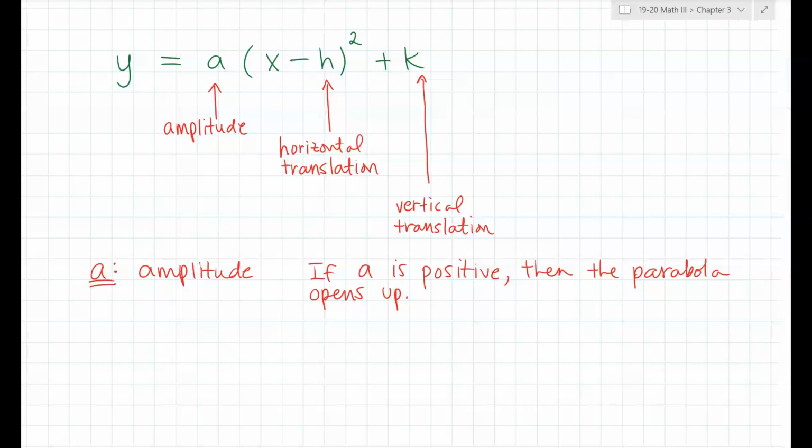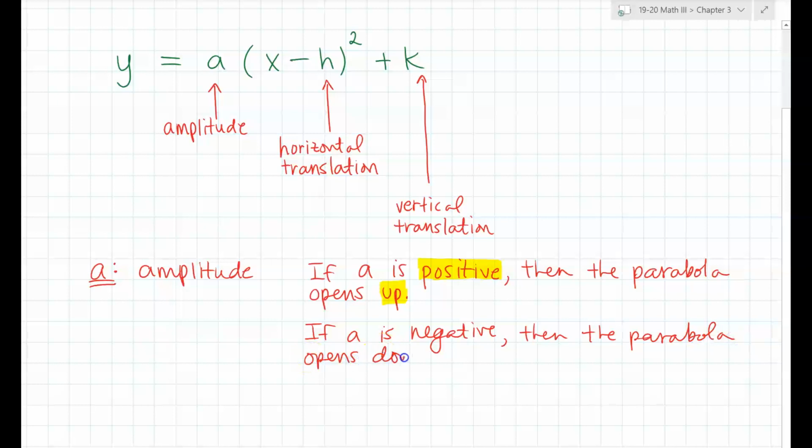Okay, so if A is positive, then it opens up. If A is negative, then the parabola opens down. So I'll highlight that for us as well. So negative, it opens down. Now that's the A term.